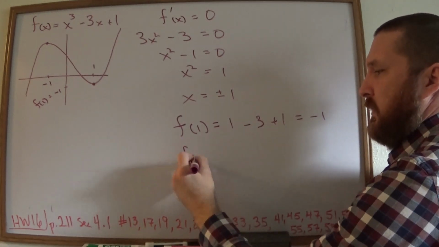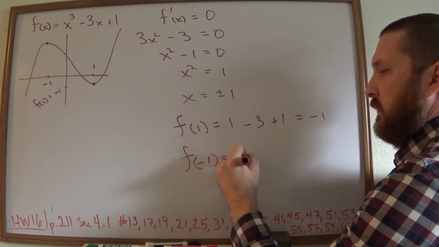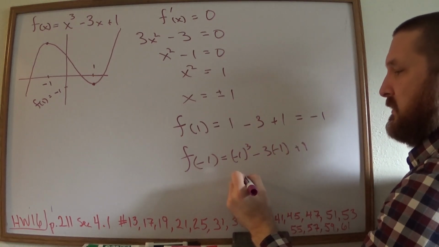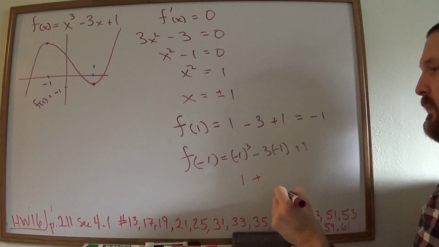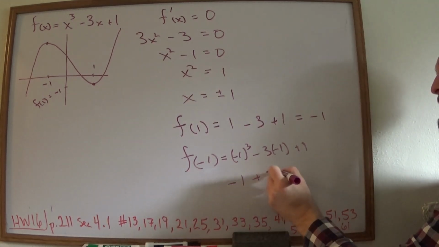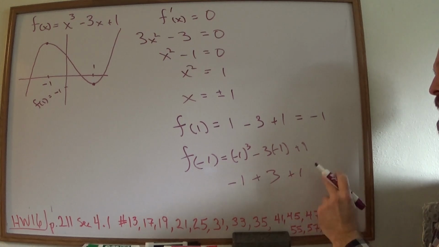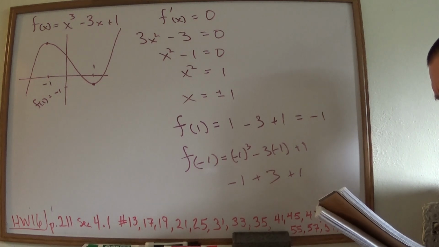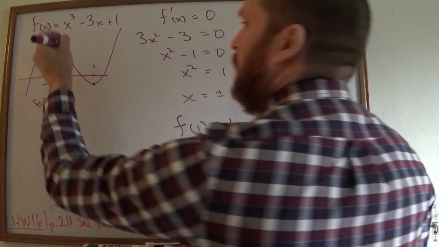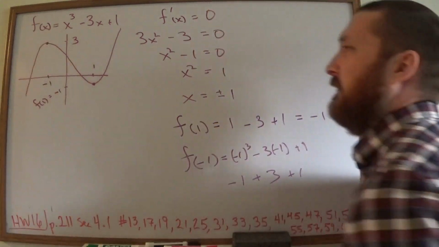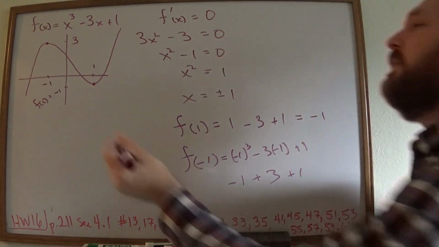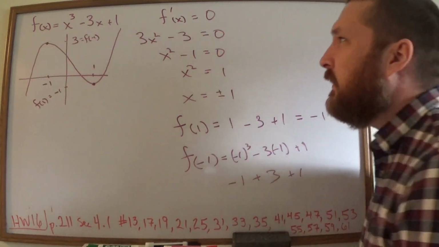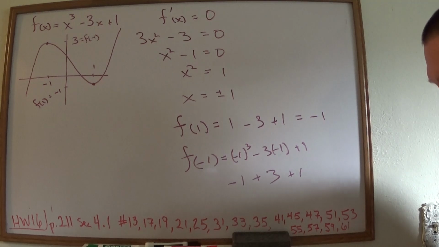Now the other one is minus 1: minus 1 cubed minus 3 times minus 1 plus 1. That's negative 1, plus 3, plus 1, so 3. And that I want to write as f of minus 1. There we go.